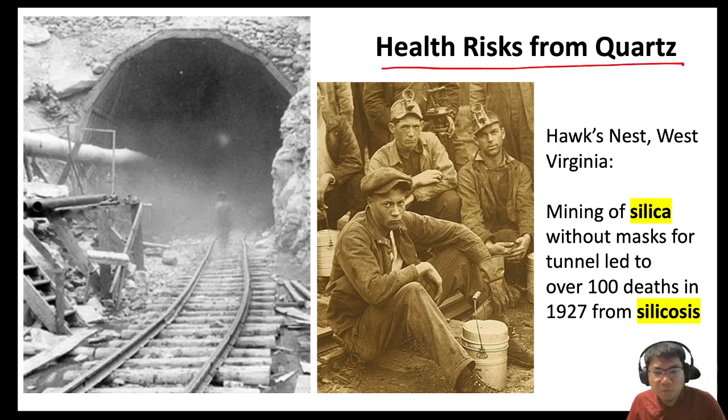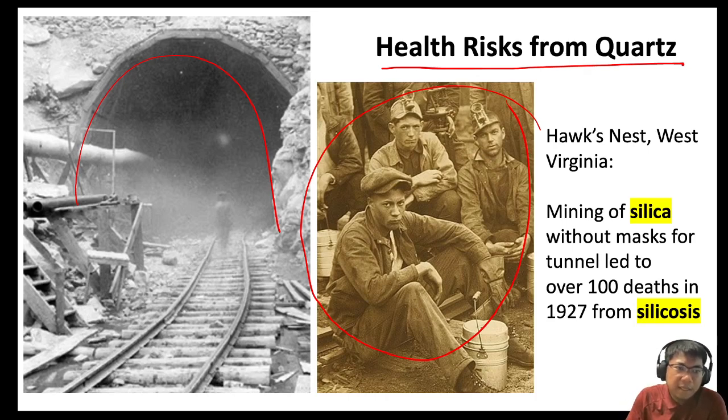What happened in West Virginia is that mining workers entered their mine sites without any protective equipment, without any mask, and at the time they probably did not know the risk associated with this job.